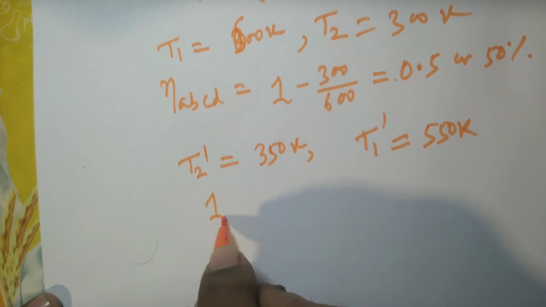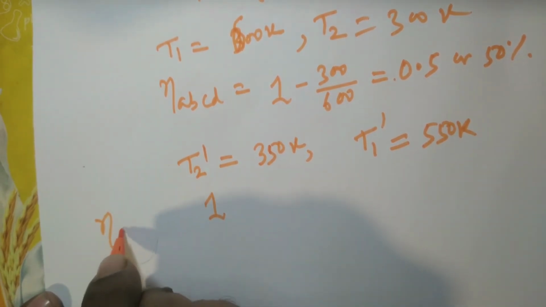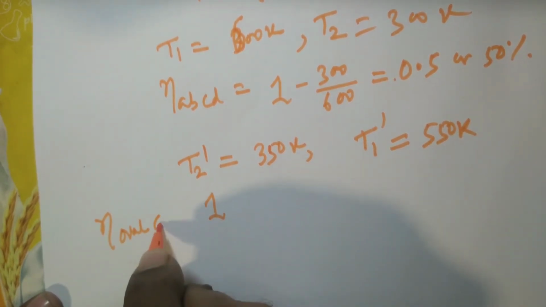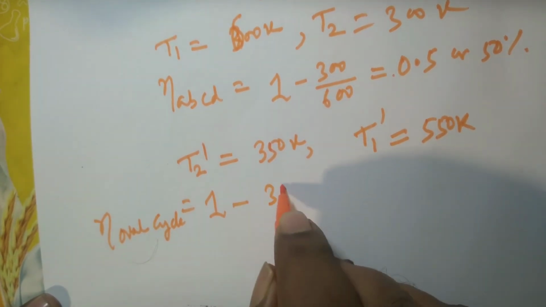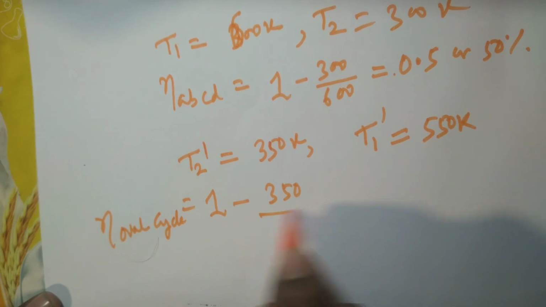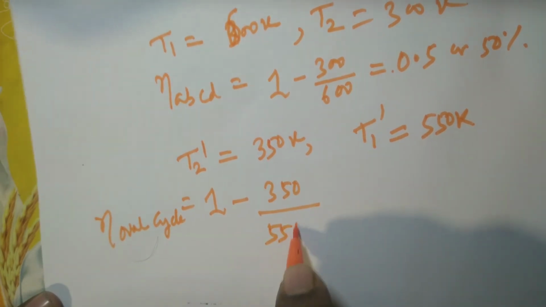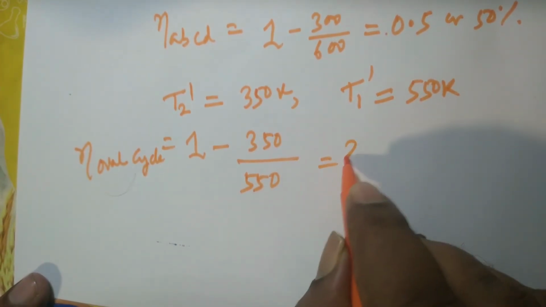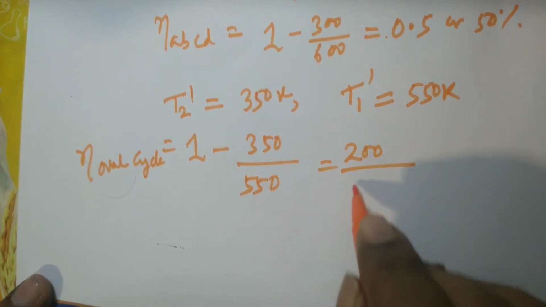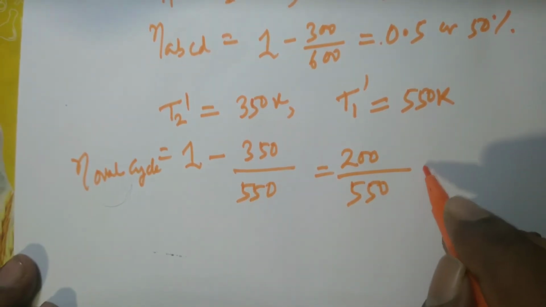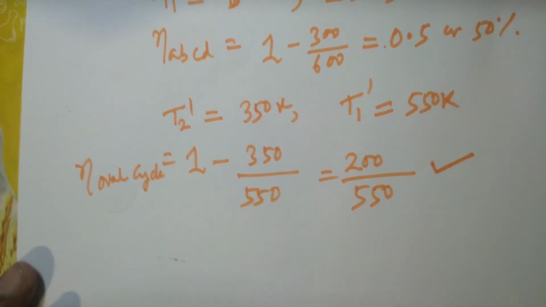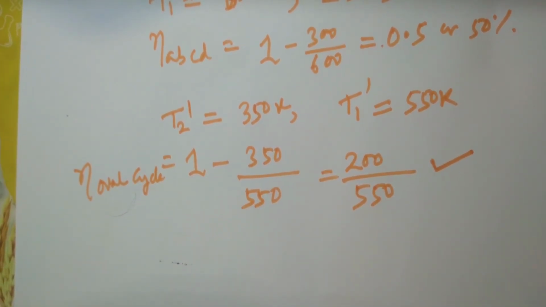Then the efficiency of the oval cycle is equal to 1 minus 350 divided by 550. It is going to be 200 divided by 550. So it will obviously be less than 50%.